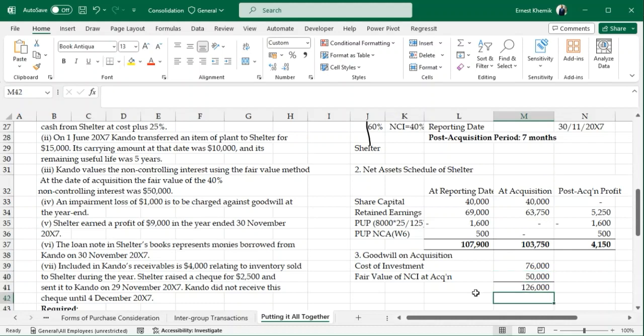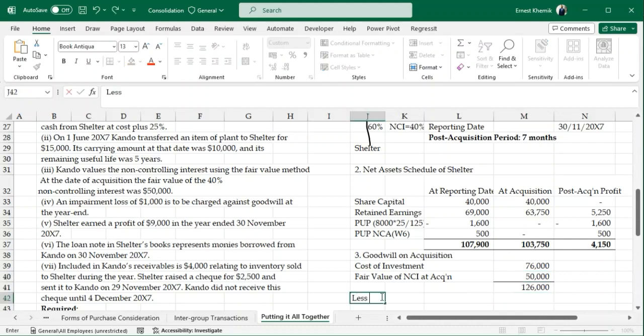Okay, then the next one is to less the fair value (FV) of the identifiable net assets at acquisition.